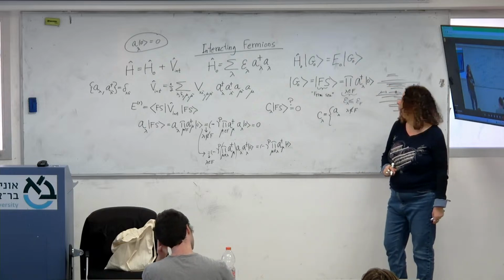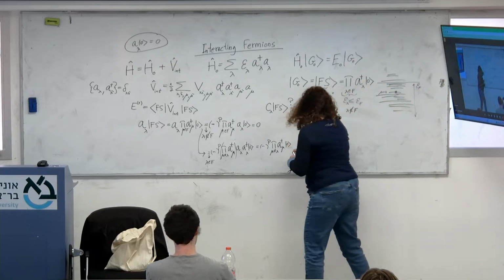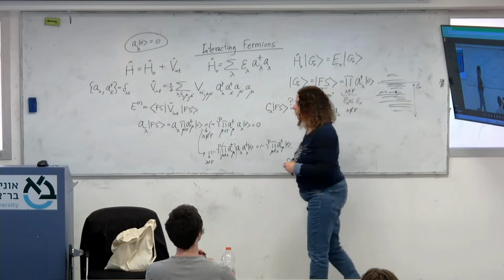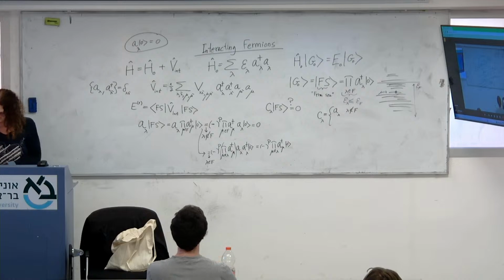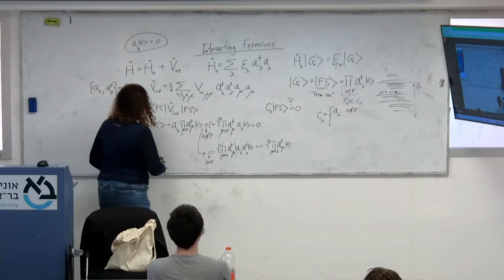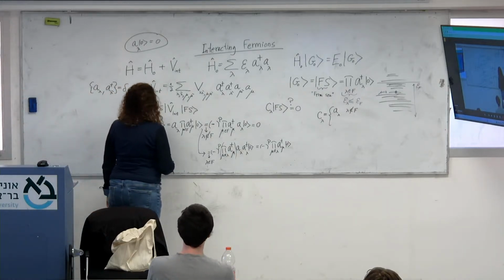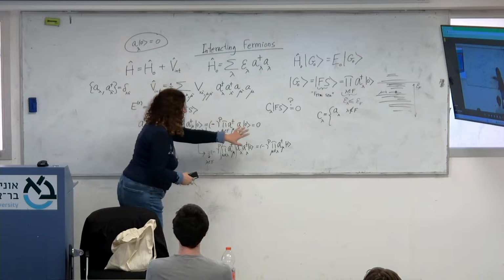Okay? What if lambda is inside the Fermi sea? I'm claiming that there is another possibility to get here an annihilation operator, and this is the following. I can erase all this, right?